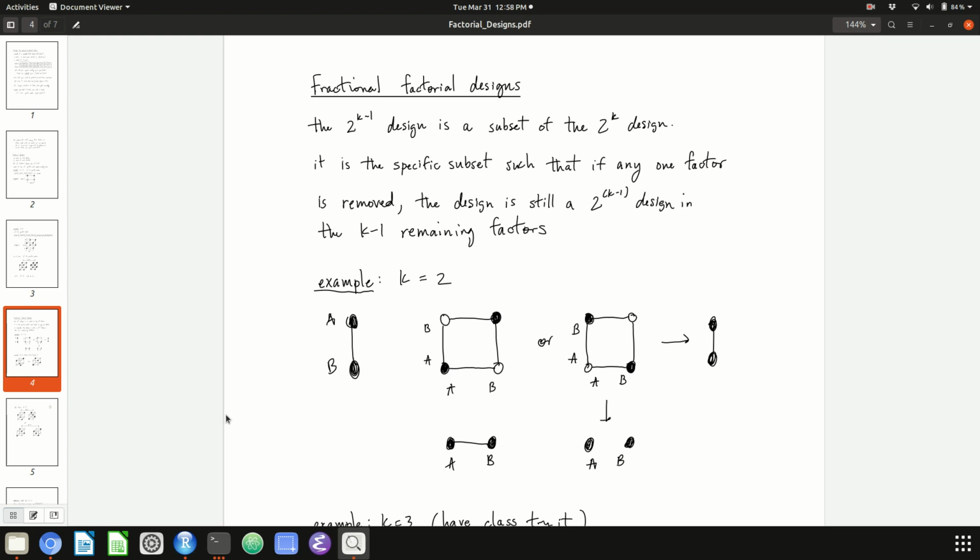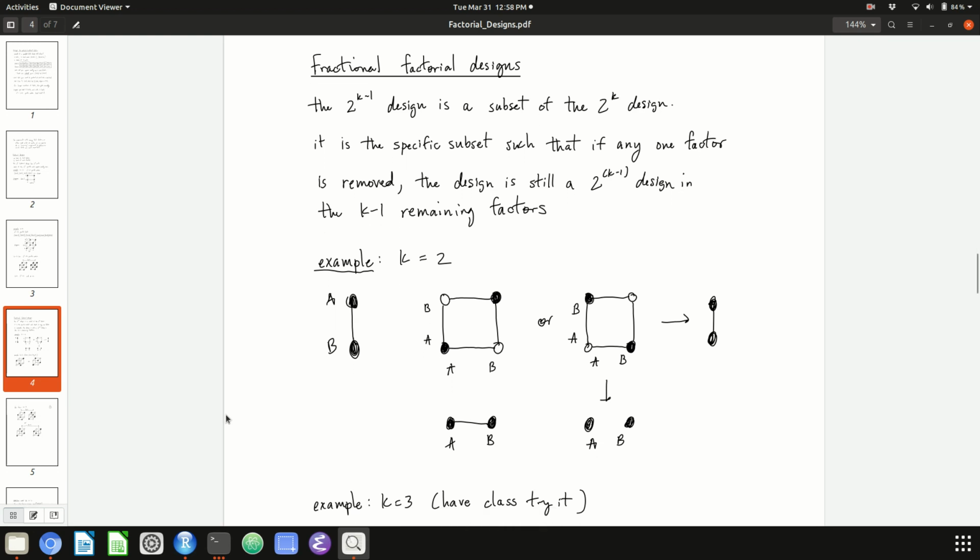Now, there's a specific reason for why we pick a specific fraction. So what I'm going to describe first is the 2 to the k minus 1 design. What that means is it's the 1/2 fraction of the 2 to the k design. So we take the 2 to the k design and we do half of the runs.